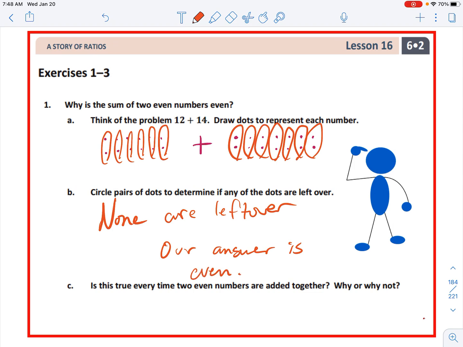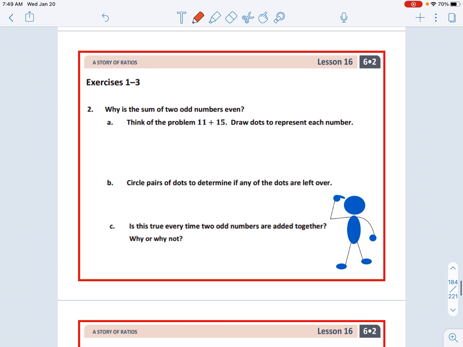So when we have two even numbers added together, we will not have any left over, so our answer is always going to be even. Letter C says, is this true every time two even numbers are added together? Why or why not? Yes, it is. We will never have any left over. Okay, so when you add two even numbers, the answer is always going to be even.